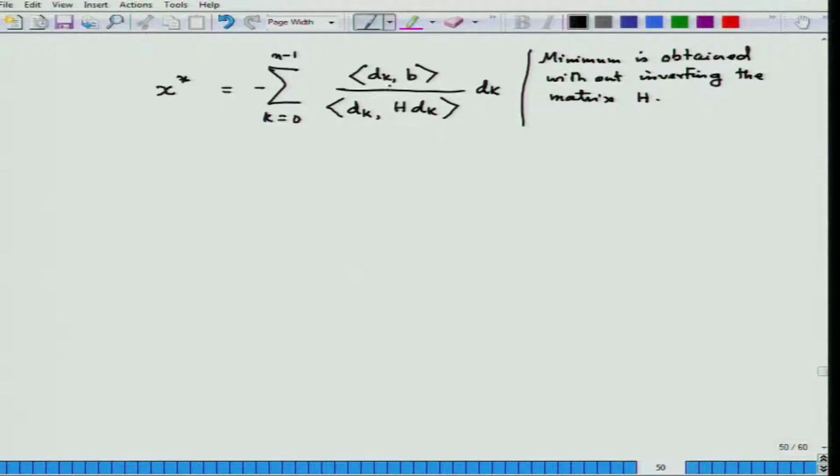And you see this problem data: once b is known, h is known, these two data are known, c is nothing to be bothered about. b is known, h is known, and the d's are known. So, I can easily compute x star, and the interesting thing is that we have not inverted the matrix h.